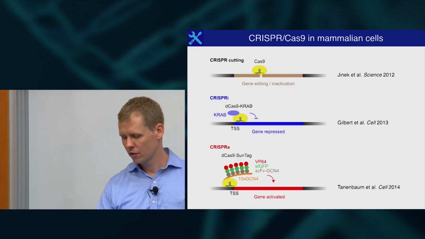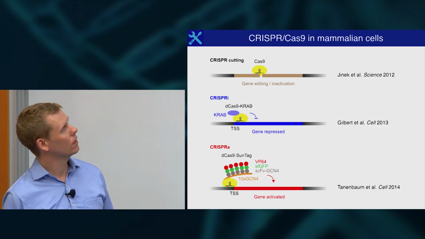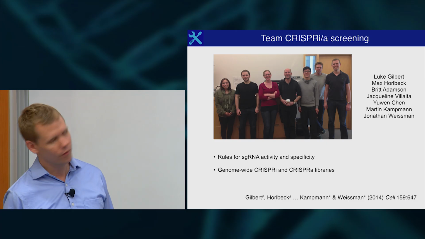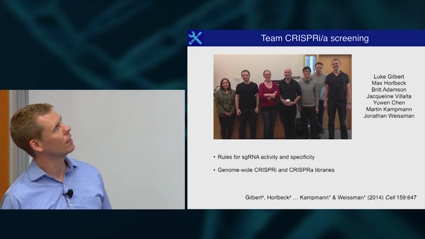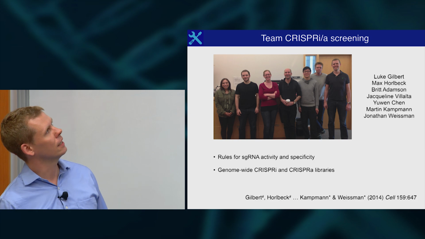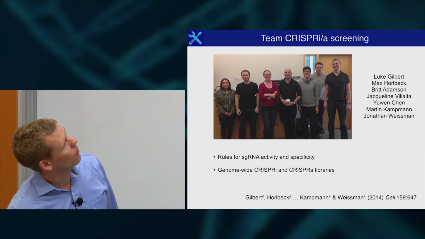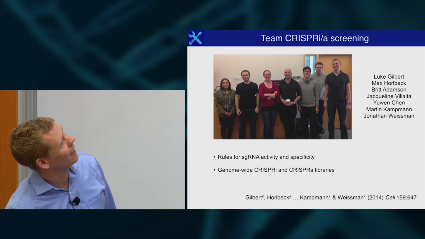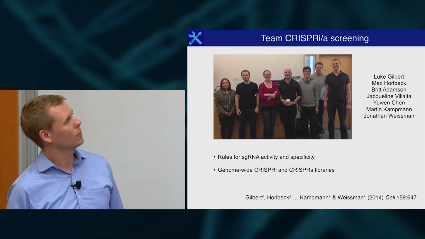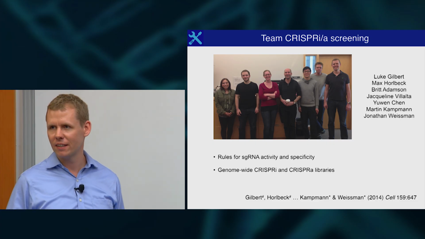And this was really a big team effort of a team of folks in the Weizmann lab to turn that into a genome-wide screening platform, and really Luke and Max did all of the hard work here, and Max will be joining us tomorrow for the bioinformatics session as well.